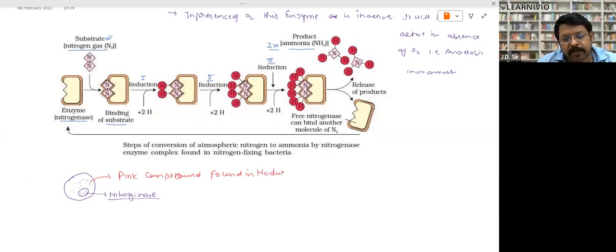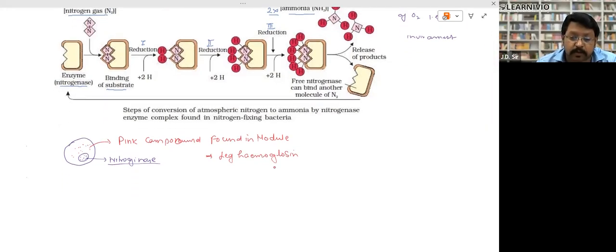What is the name of that pink compound? Basically, the name of that pink compound is leg hemoglobin. Leg hemoglobin, what does it do? Please try to understand, you will get the question from here.